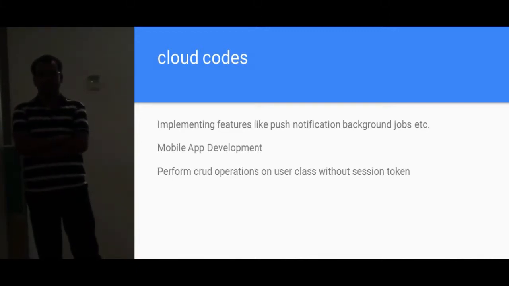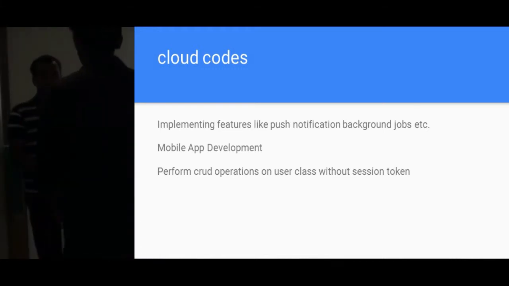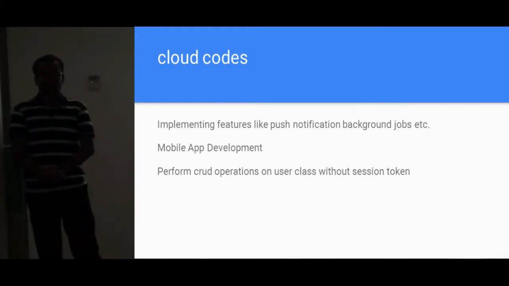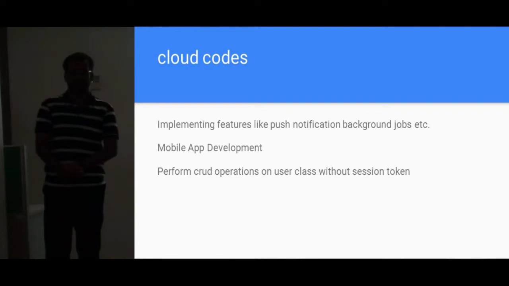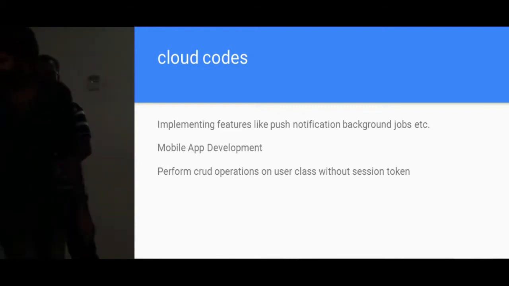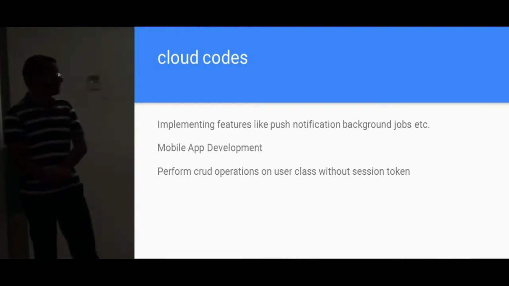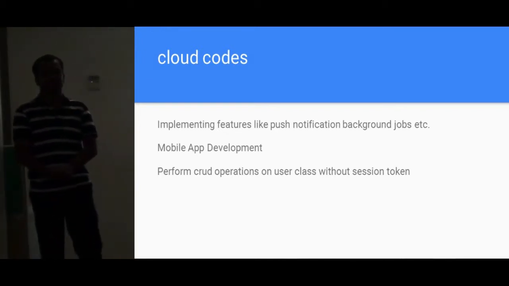It will take time, and users have to wait for the next updates. But if your code is running on the cloud, just change the particular cloud code functionality and deploy it. The new update will be available on all mobile devices.